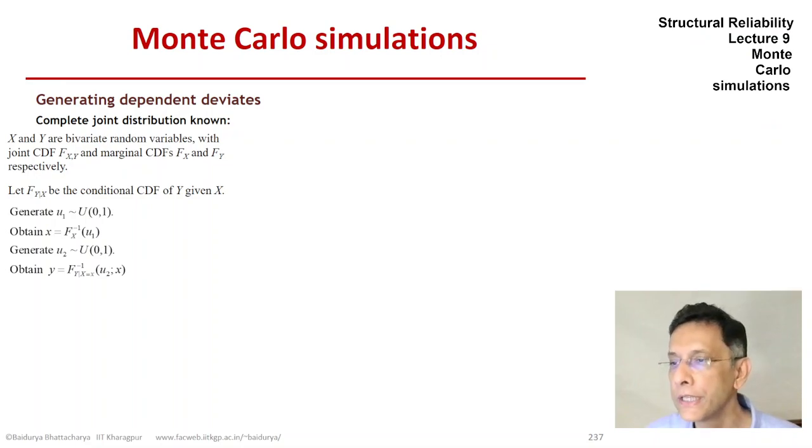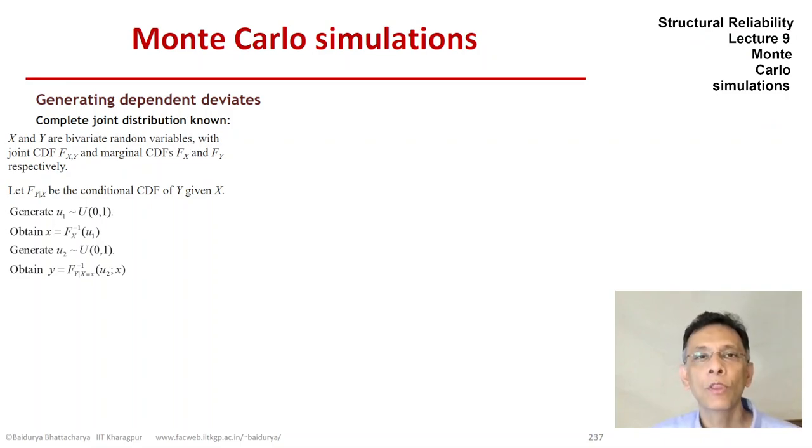So this would be the scheme: we generate u1 from the uniform distribution. For that u1 we invert the CDF of x to get one value of x, and then we generate another uniform u2 which is independent of u1, of course, but then we use that in the conditional CDF of y given x, the x that we just generated in the previous step, and invert that to obtain the deviate y.